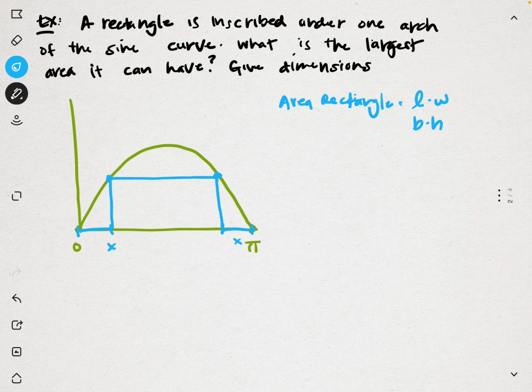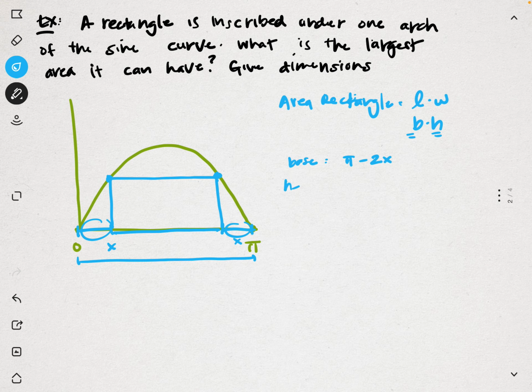Now we have to represent the base and the height in terms of x. So the base, follow me here, the whole thing is pi. And then we're going to subtract these two x's. So what that would give us is this base length here, pi minus 2x.